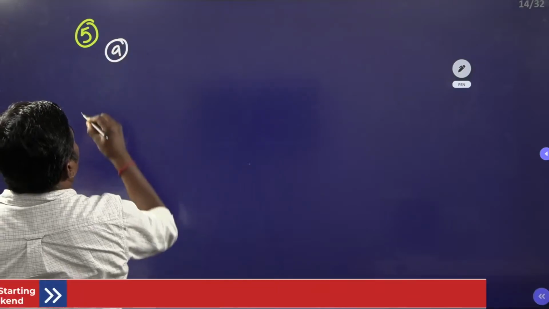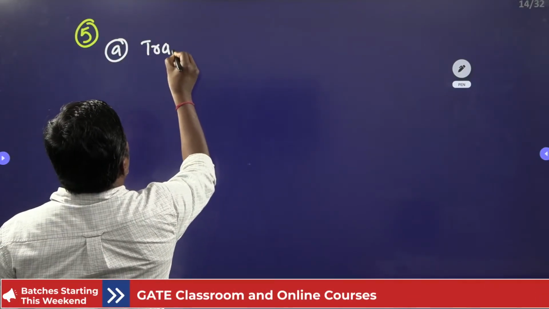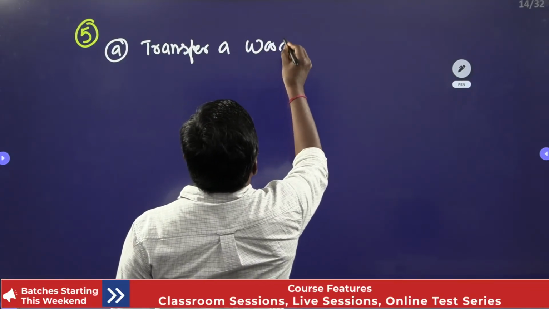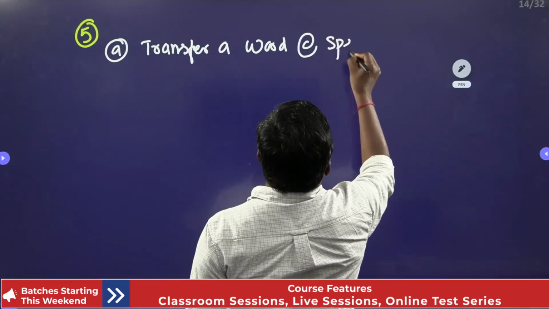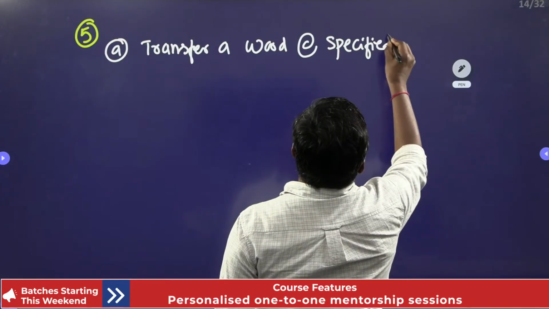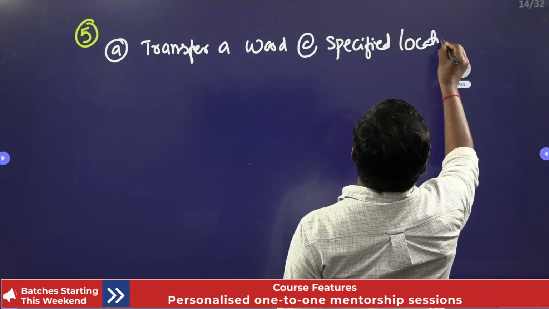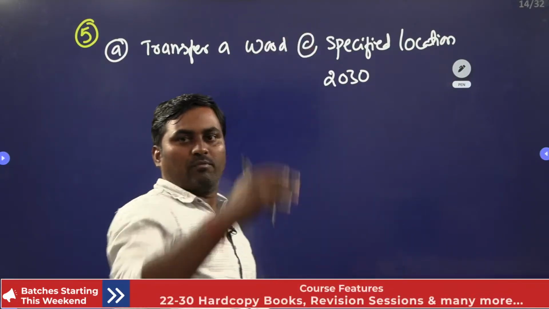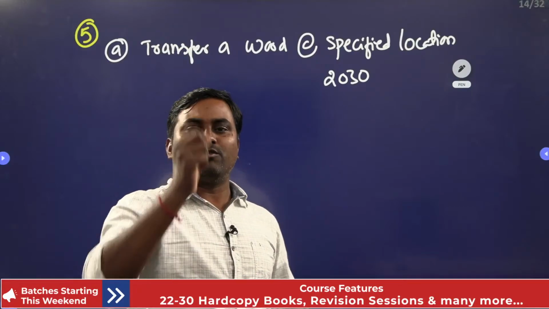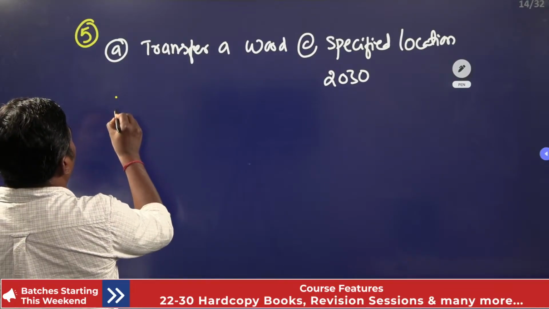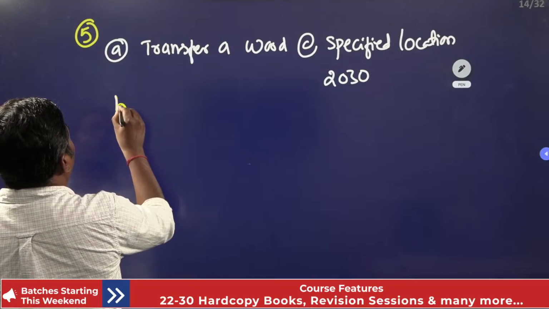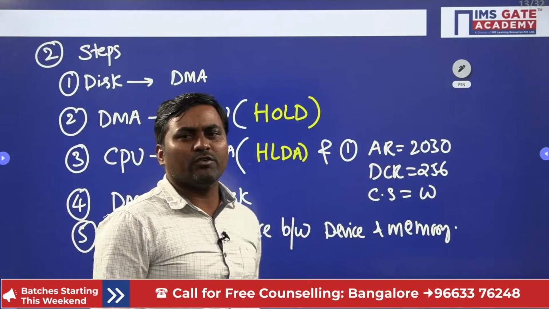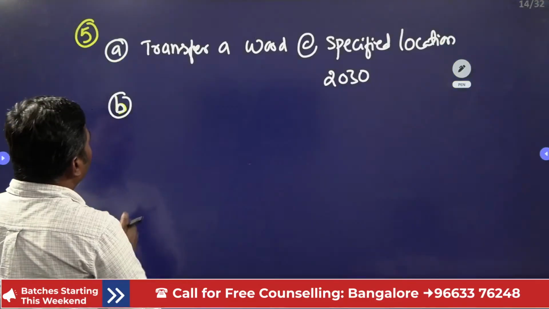Step A: transfer a word at the specified location. What location? At 2030 in memory; in the memory location 2030, the word is transferred. Step B: once you transfer, but 256 words need to be transferred, so you have to increment.